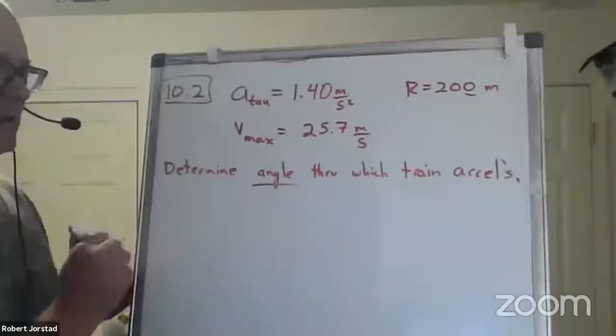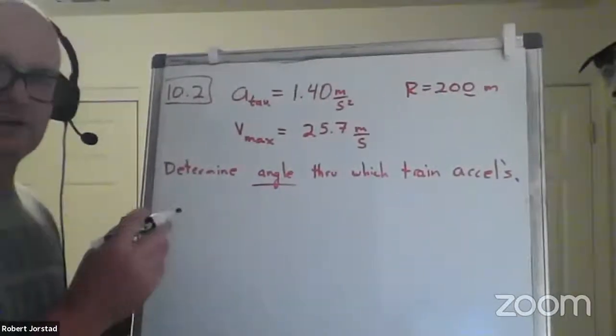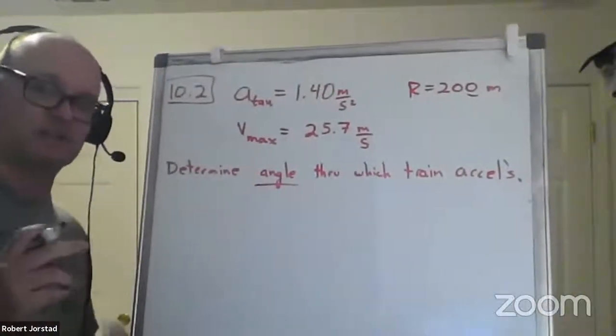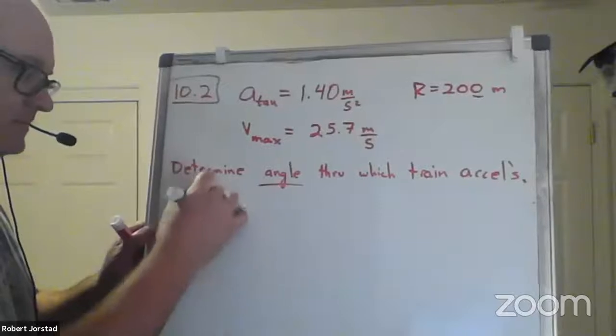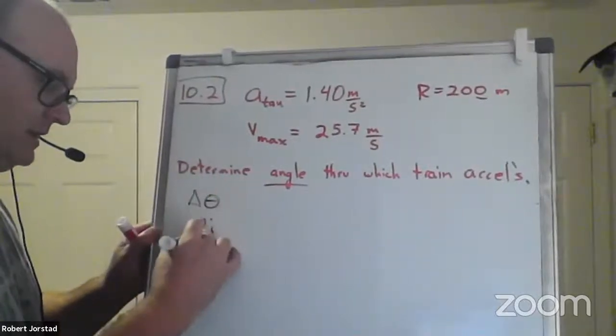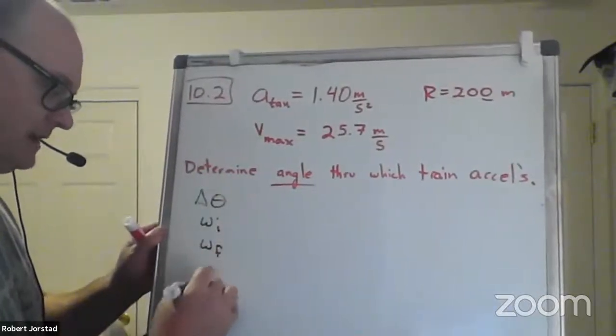I guess you could start with the table again. Sure thing. Okay, so are you wanting to do rotational kinematics or translational? Rotational. Okay, so you could write down delta theta, omega initial, omega final, alpha, and t.